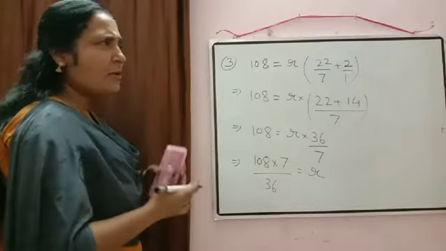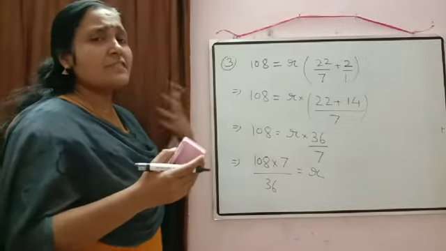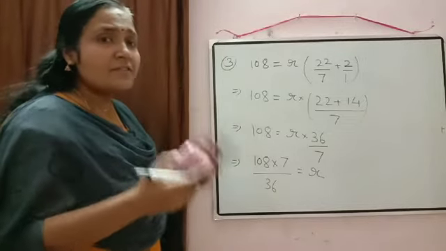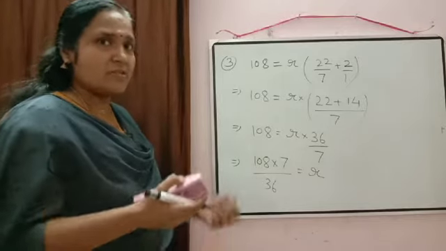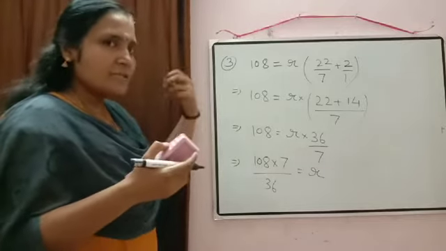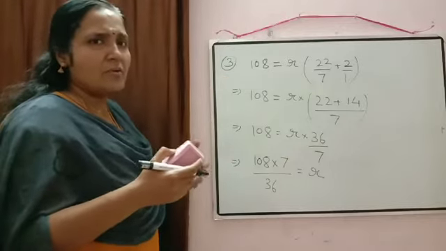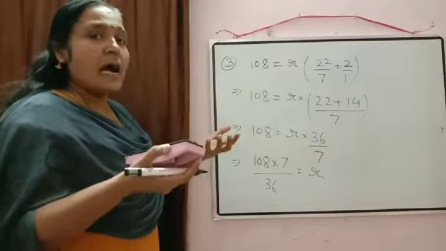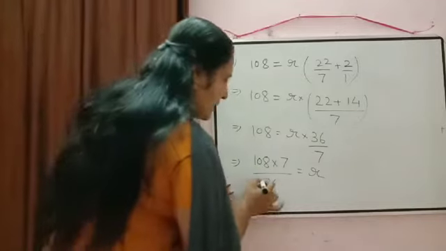Because when you start cancelling by 2, a lot of steps will come, and then chances are that you will make mistakes. But now you are in higher classes, so we can think of bigger numbers. So we can divide by 9.